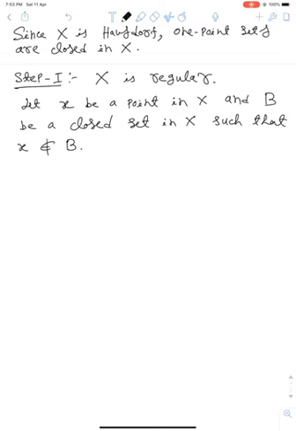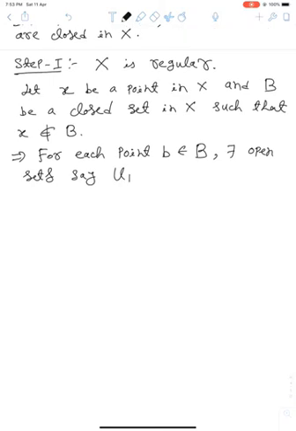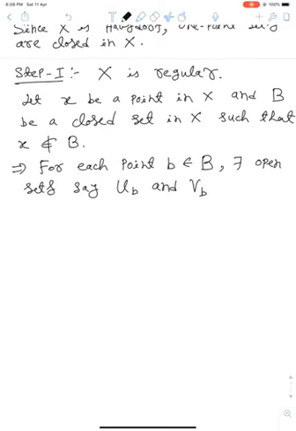Now it is given that X is Hausdorff, that is, the topological space is Hausdorff, right? That implies for each point b belonging to my set B, there exist open sets, say UB and VB, such that x belongs to UB and b belongs to VB.